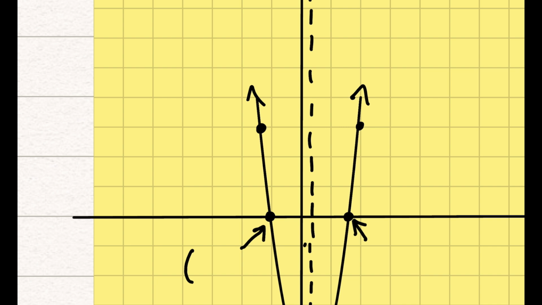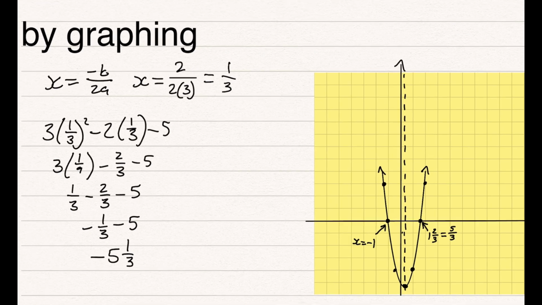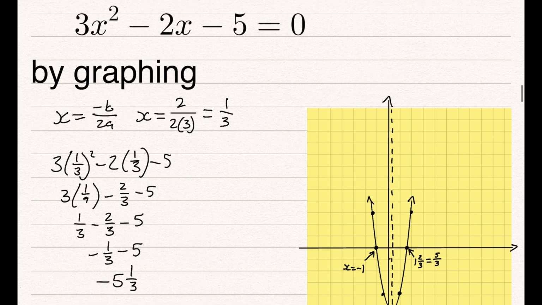So we can go in and we can make some estimates and test them out. So here, we could estimate that x is negative 1, and here x appears to be 1 and 2/3. Or you could put that as 5/3. So we can plug that in and check and see, do those work out?